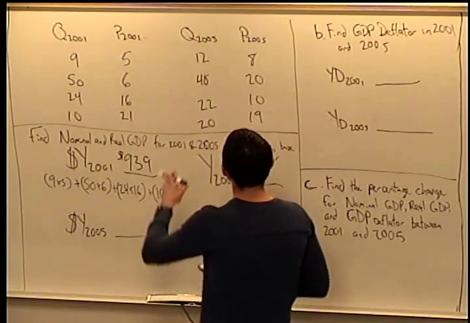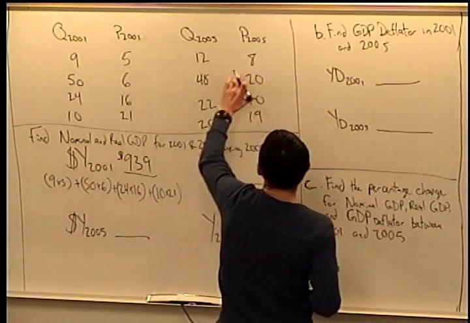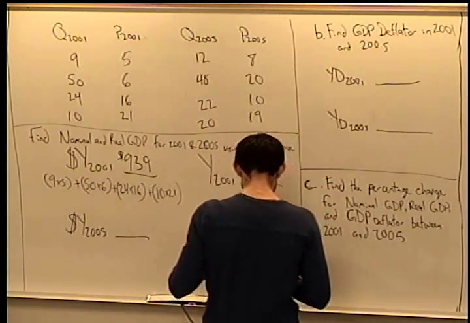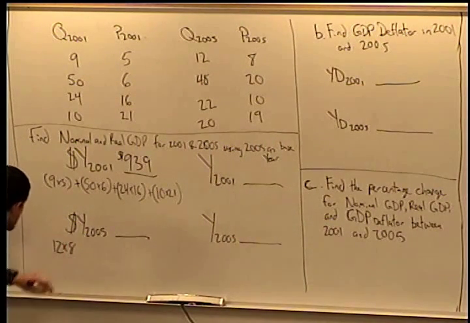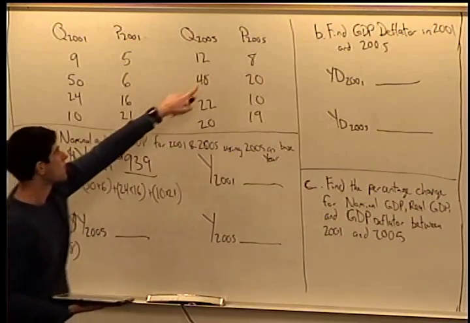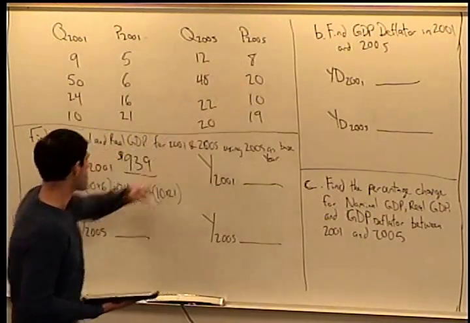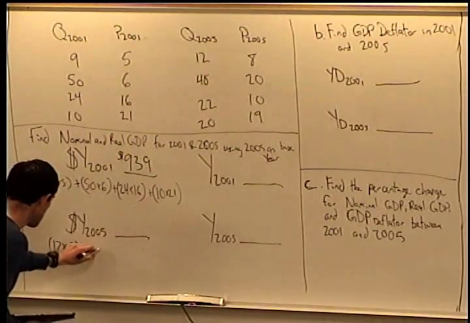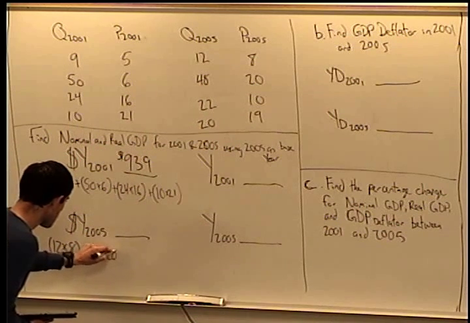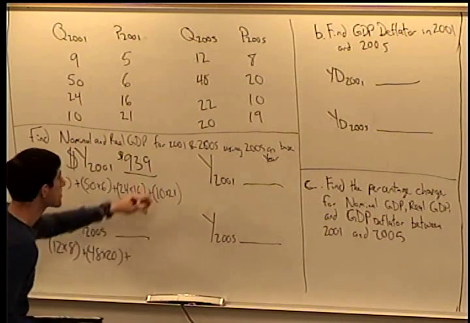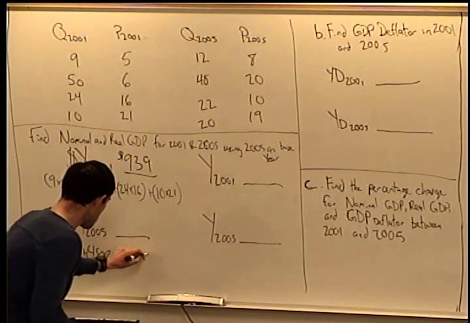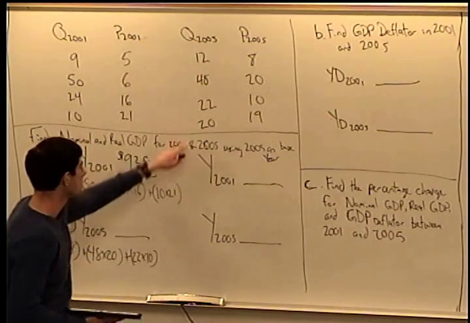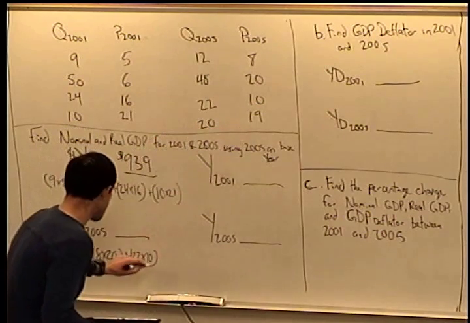For 2005, we used quantities in 2005 times prices in 2005. So we take 12 times 8 plus 48 times 20 plus 22 times 10 plus 20 times 19.